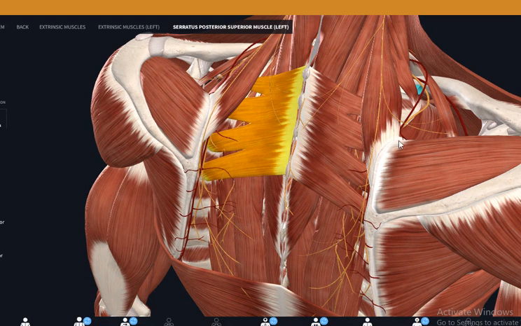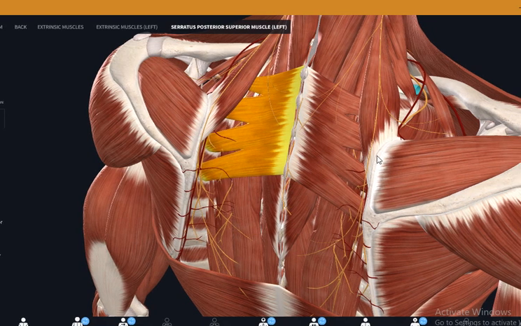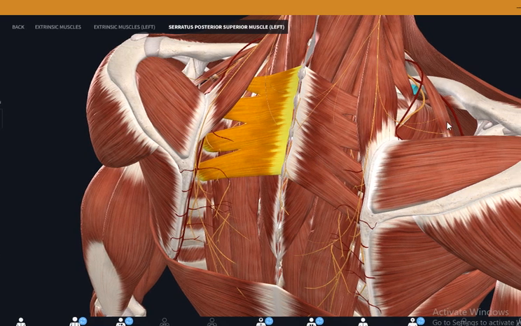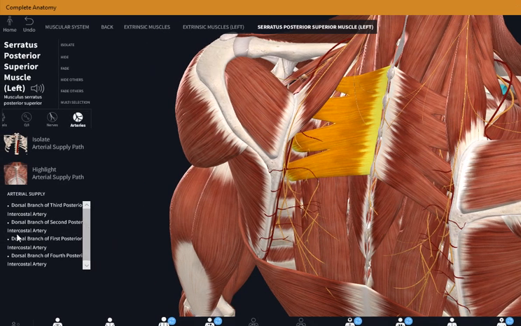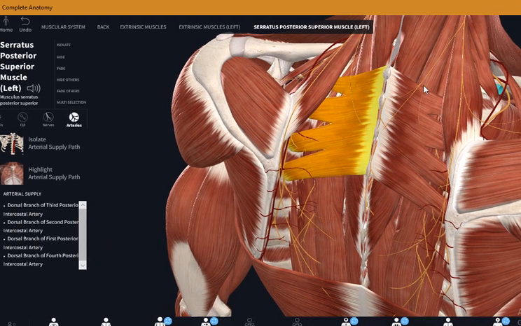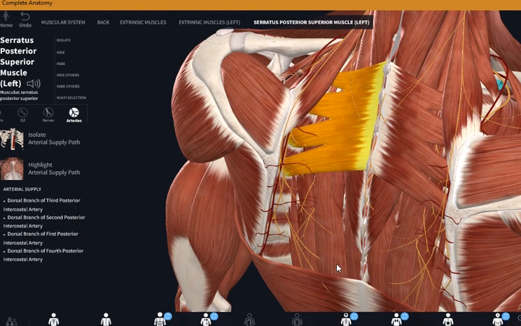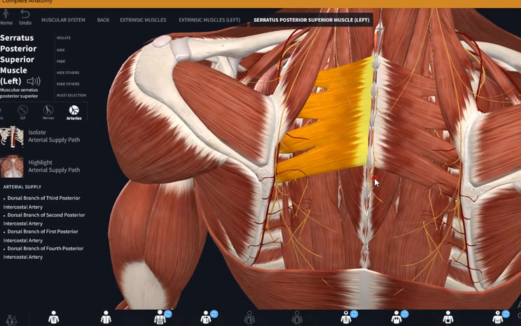So these are the two main sources from which the intercostal arteries receive their supply. So now the dorsal branch of the intercostal artery is involved. So all these are mostly intercostal arteries supplying the muscles of the back.